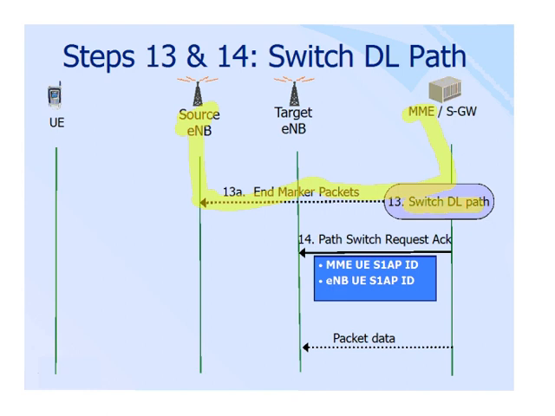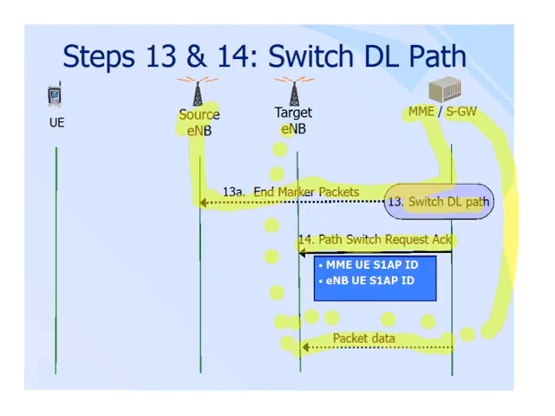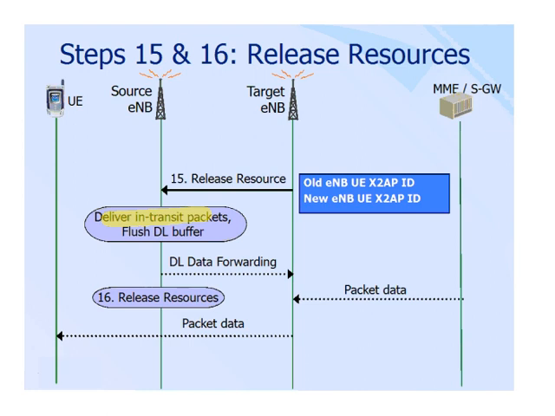Then it will send the switch path acknowledgement message in response to the request message, and now the packets are coming from SGW to the new eNode B. They no longer go to the source eNode B. So it means that whatever final packets are inside the old base station should now be forwarded.